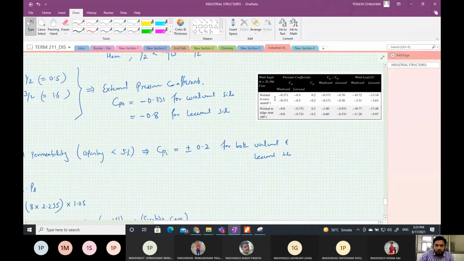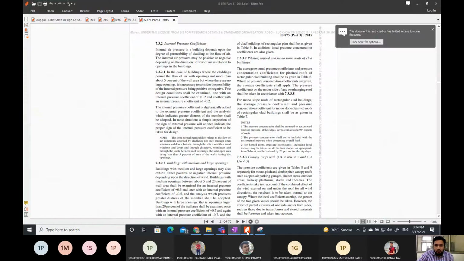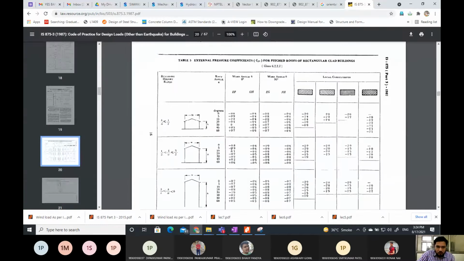So when theta is equal to 0 degree, the windward coefficient is minus 0.371. You interpolate the value between this 0.7 and 0.2.